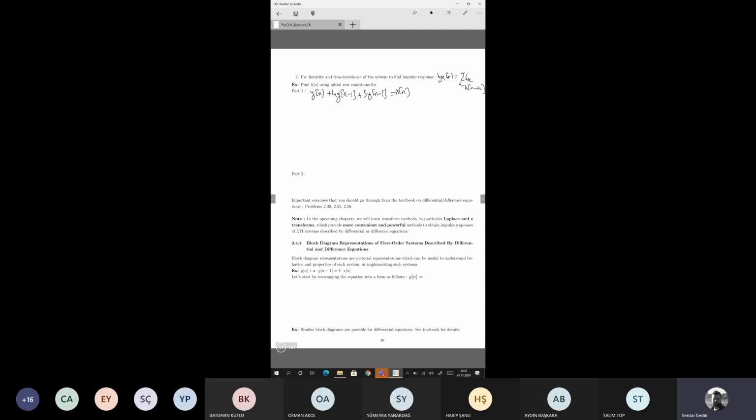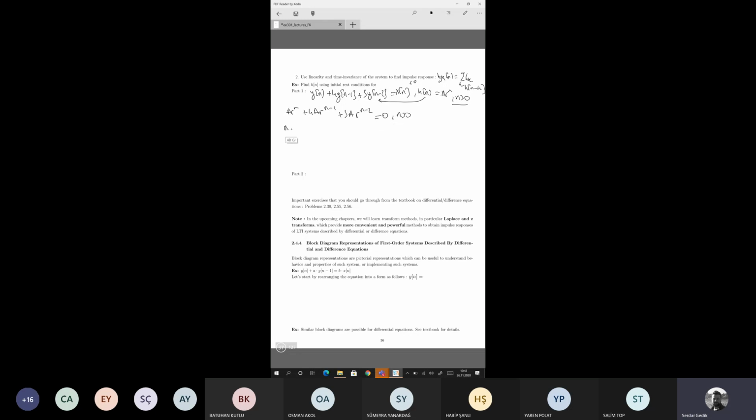So again, I will assume h of n has the form a times r to the power n for n larger than 0. So I will put it here. Instead of y of n, I will put h of n, and instead of x of n, I will put 0 for n larger than 0. So it is simply a times r to the power n plus 4 a r to the power n minus 1 plus 3 a r to the power n minus 2, equal to 0 for n larger than 0.